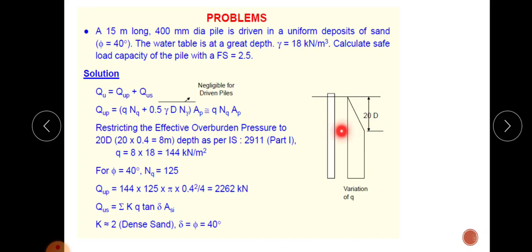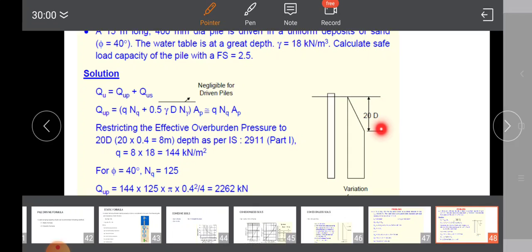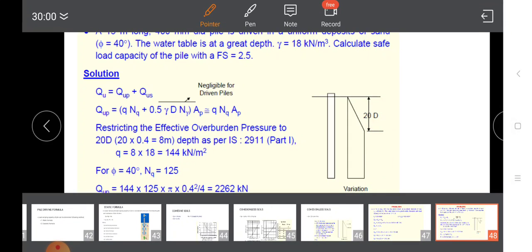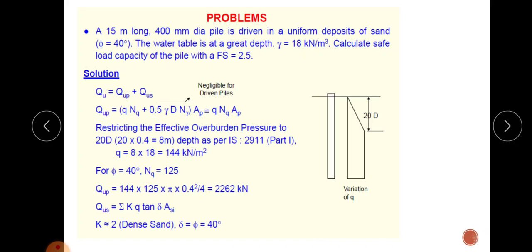Then it becomes constant up to the pile tip. That is the variation of overburden pressure in the case of a driven pile. 20 D means 20 into the diameter 0.4 meter, that is 8 meters. So this distance is 8 meters. The remaining distance, since the total length is 15 meters, is 7 meters.